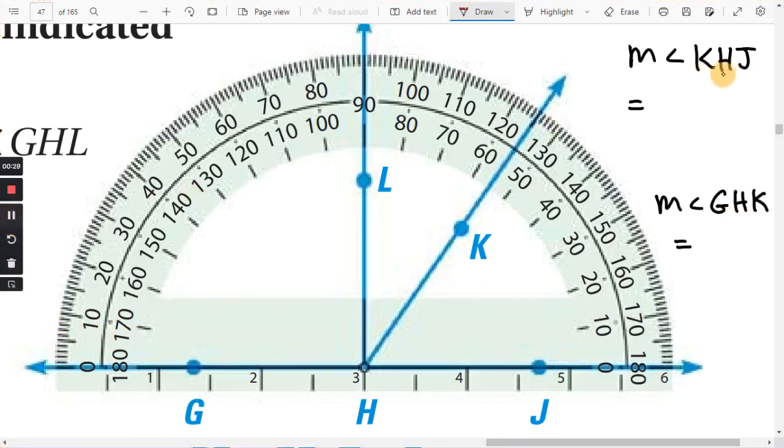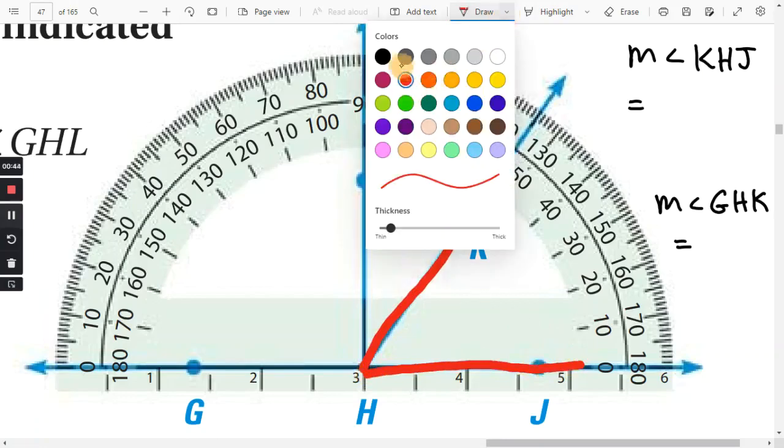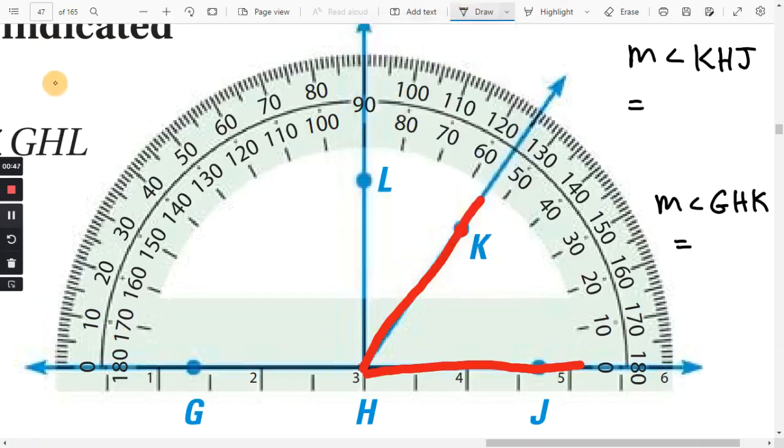All right, let's trace KHJ. Here is K, H, J. Okay, so we want to look at the number associated with them. And you choose the ones on the bottom or on the top. Let's go with the ones on the bottom. The one for K is in between 60 and 50, so this right here is just 55. So the number for K is 55.